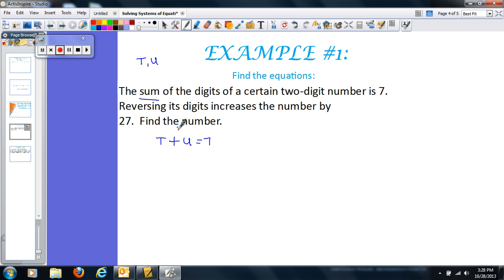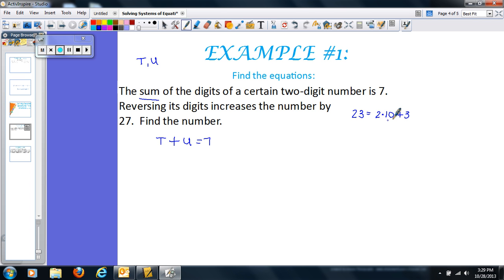Now, the next one is a little bit more difficult, but still manageable. It says reversing its digits. Let me give you an example first. Let's take the number 23. Written in terms of a units digit and a tens digit, it would be 2 times 10 plus 3.